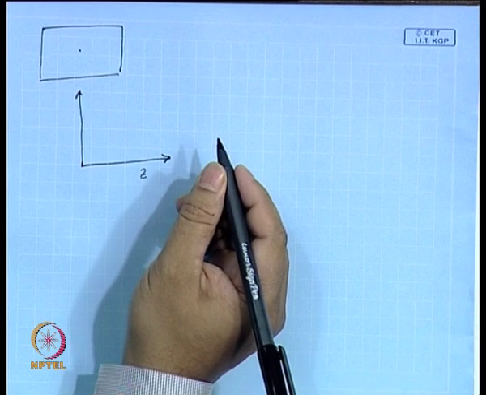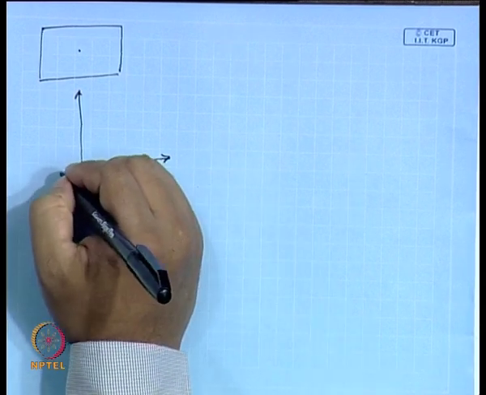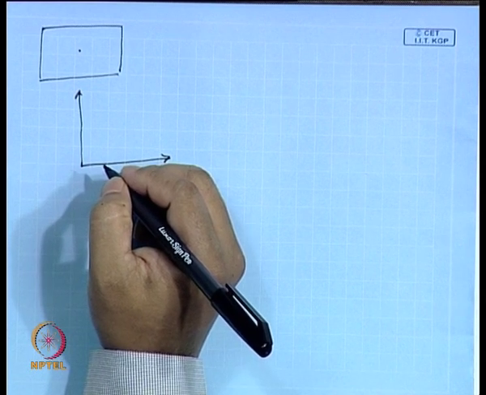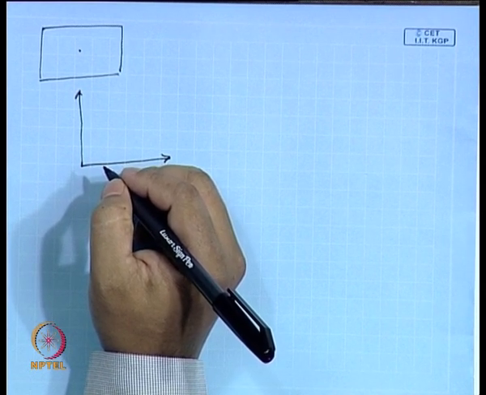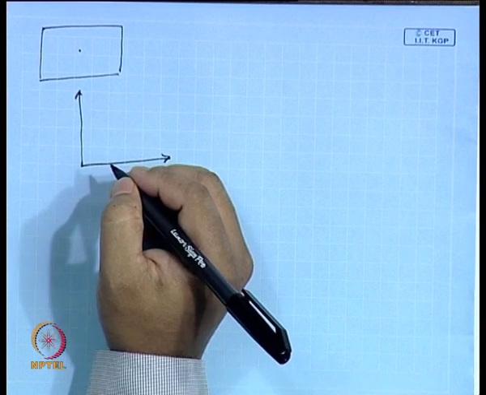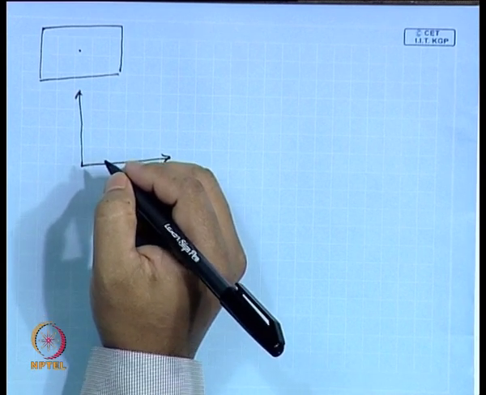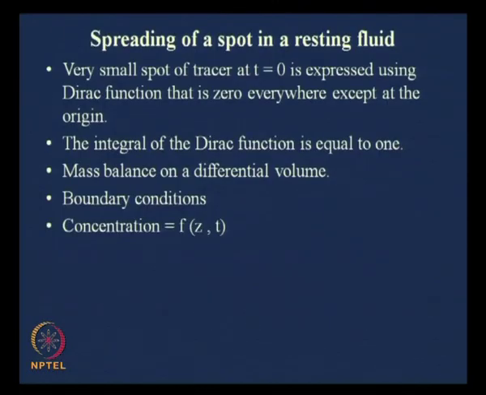You plot the concentration as a function of Z. So, at t equal to 0, what is the condition? At the beginning, it is a very small spot of tracer, and that can be expressed using a Dirac function.